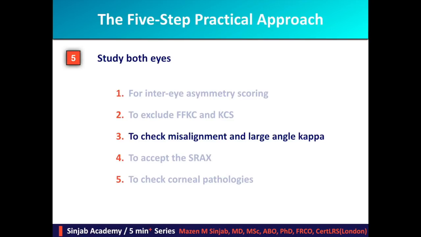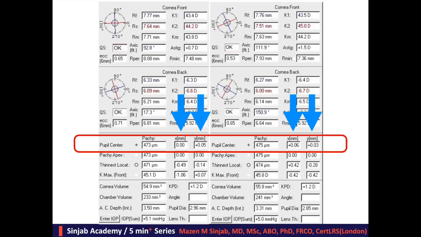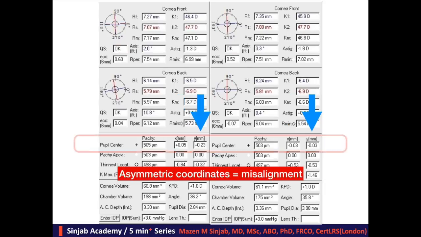To check misalignment and large angle kappa: how do we check them, and how do we differentiate between both? We look at the pupil center coordinates and we compare both eyes. We look at X and Y in both eyes, and then we compare X with X and Y with Y. This is a case of misalignment.